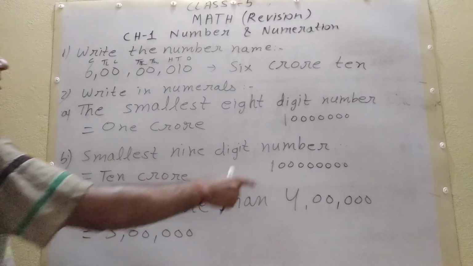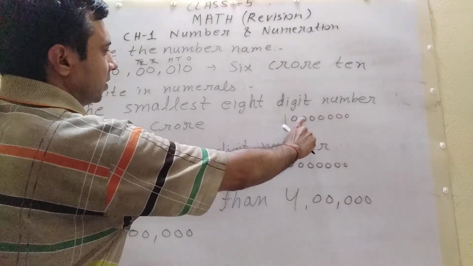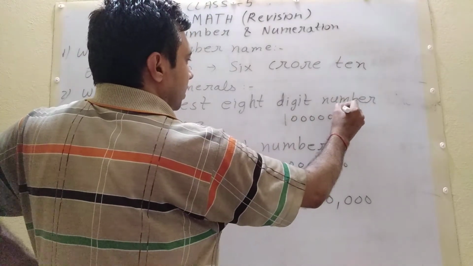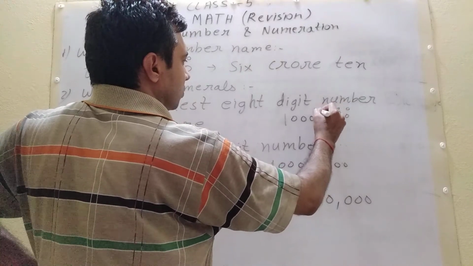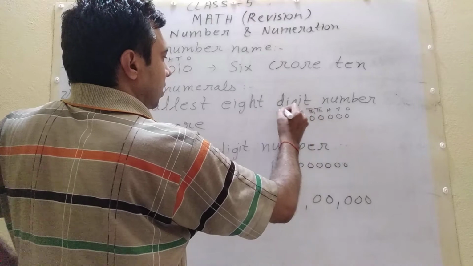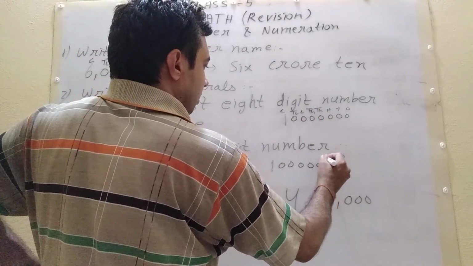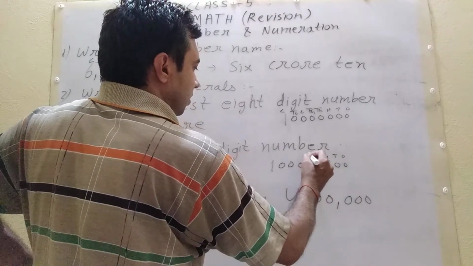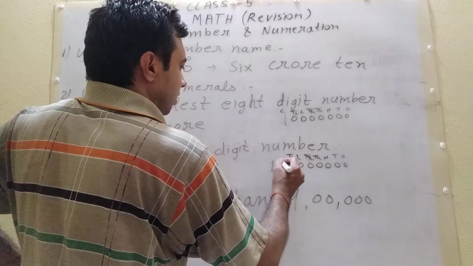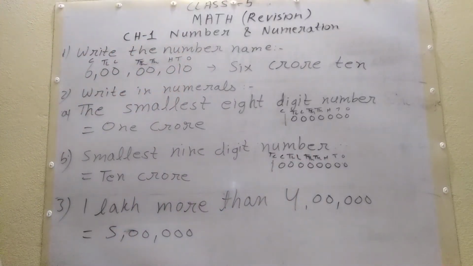The smallest 8-digit number is 1 crore. The smallest 9-digit number is 10 crore.